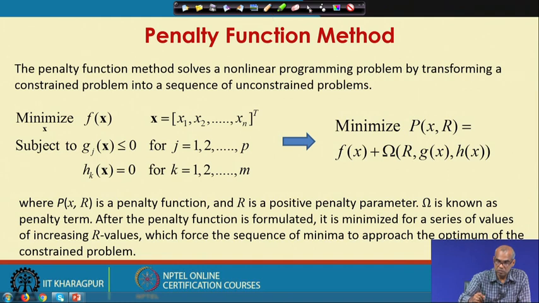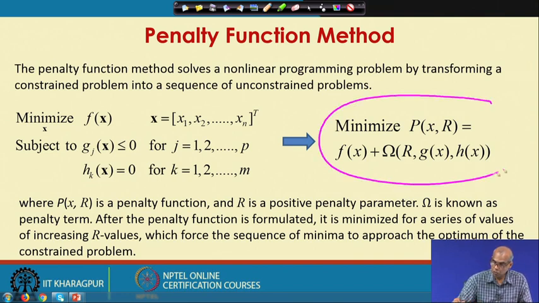So, the penalty function can be formulated as the sum of the objective function plus one penalty term. The penalty term is a function of the constraints as well as a penalty parameter. Note that the penalty function is now an unconstrained problem.